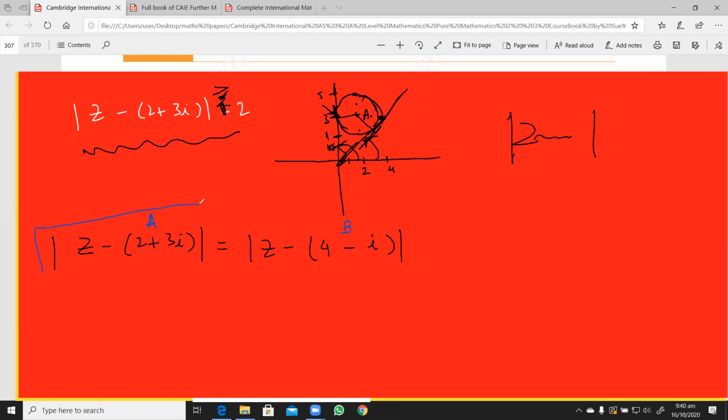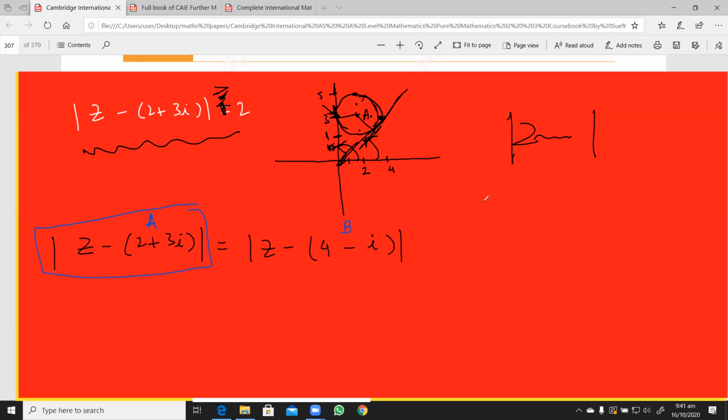What does all of this mean? Z's position from A is the same as Z's position from B. So in your O-level terms, this means Z is equidistant from A and B.